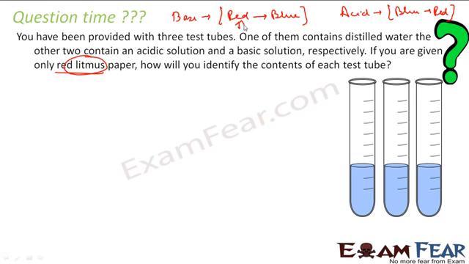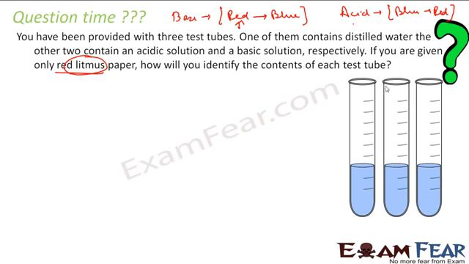The only thing I can do is, if the red litmus paper turns blue, then something is basic. Correct? Because if red litmus paper is red itself, if I dip in something and there is no change, that sometimes can be acid also, it can be neutral also, we don't know. But if the red litmus paper turned blue, that means it is 100% base. Correct?